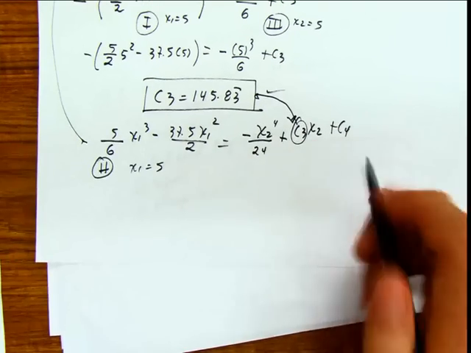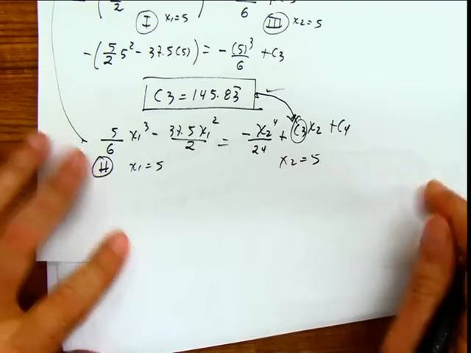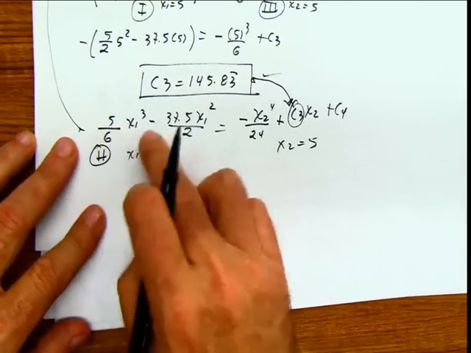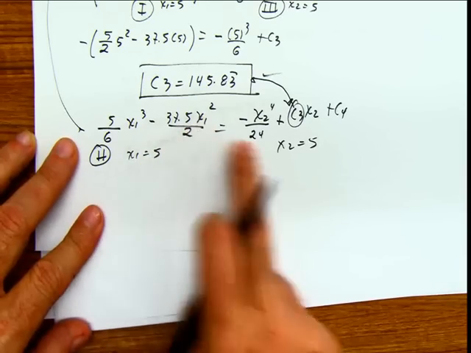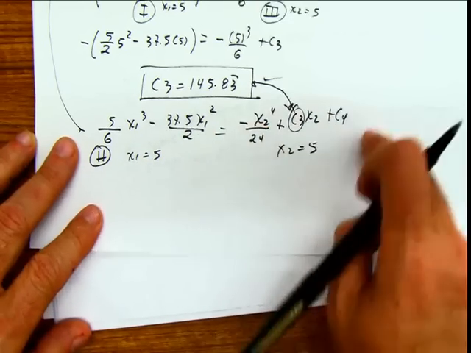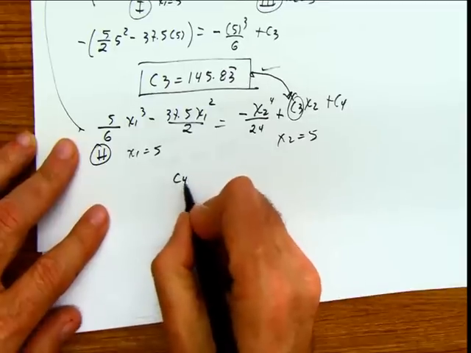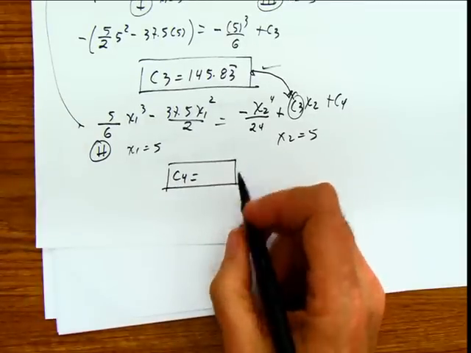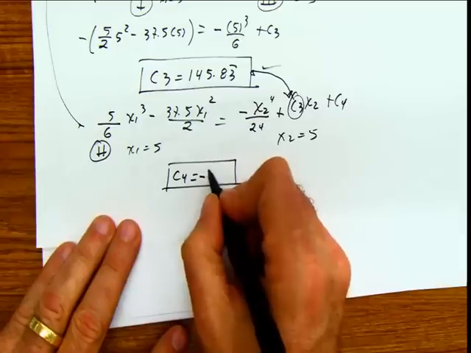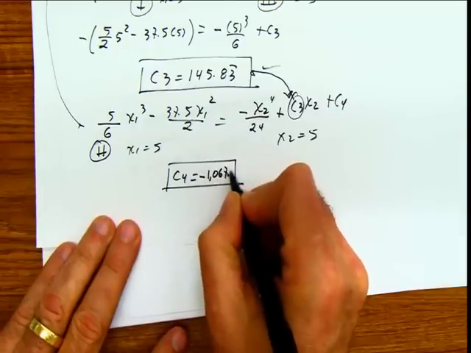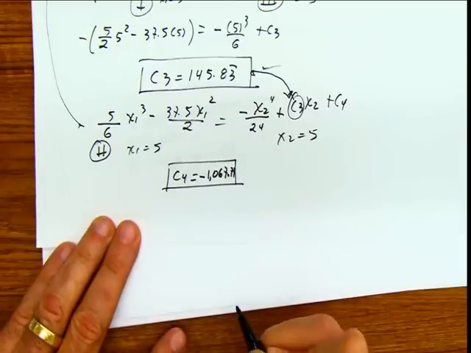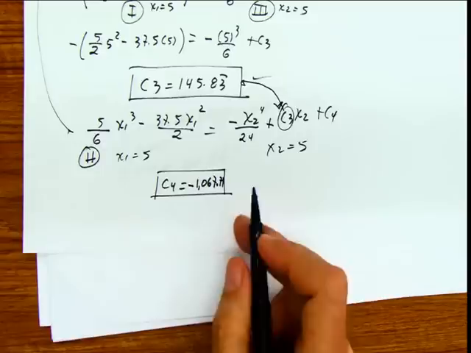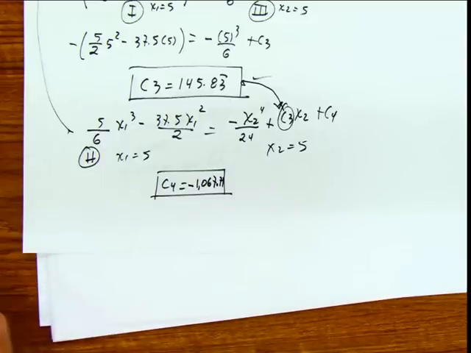So I put this in here for x2 equal 5, and with x1 and x2 raised to all the powers, you can calculate your constant C4, and the constant C4 is negative 1067.71. Okay, now we calculated all our constants.